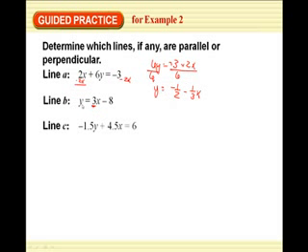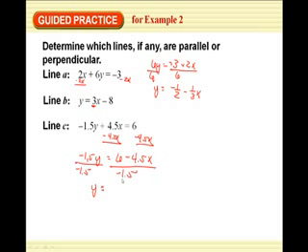So the negative reciprocal of that one. This one, subtract 4.5x: negative 1.5y equals 6 minus 4.5x, divide by negative 1.5.